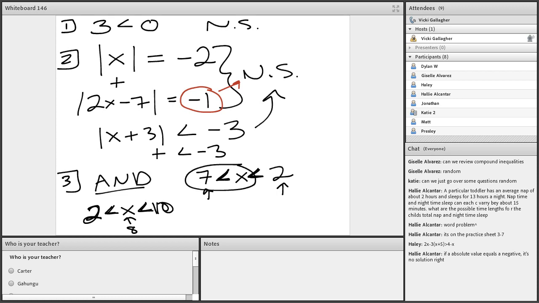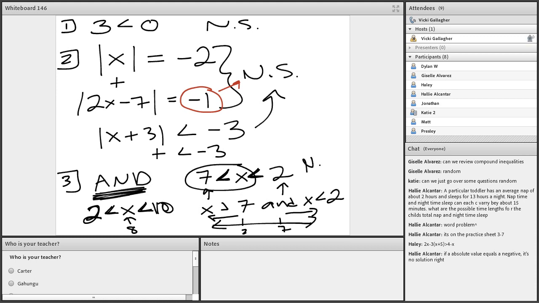Because what happens is it says, I want numbers that are bigger than 7, and I also want those exact same numbers to be smaller than 2. Well, I can't do that. The numbers that are bigger than 7 are over here, and the numbers that are smaller than 2 are over here. That's not possible. And so sometimes on an and problem, you might get an answer of no solution.